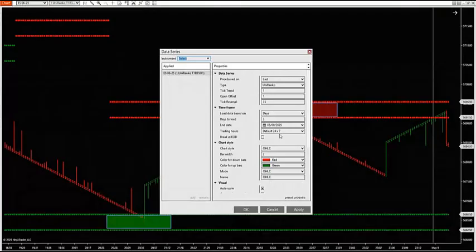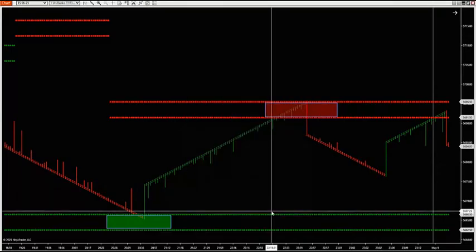Then at 8:30 we'll do fresh demand and supply liquidity grab zones. We'll switch it over to the NYMEX 6, and that will show fresh lines, fresh zones from 8:30 all the way to 1:30 this afternoon.